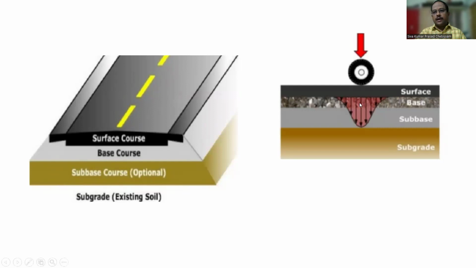The other diagram shows a wheel load, which causes a localized stress. Here, the load will transfer to the lower layers by the action of particle to particle contact and distribution of the load.